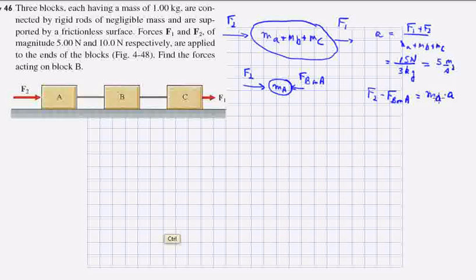Well, I know what M_A is, I know what a is, and so I can solve for F of B on A.